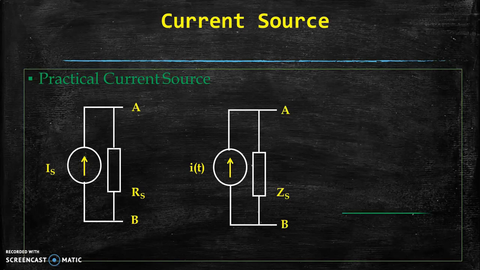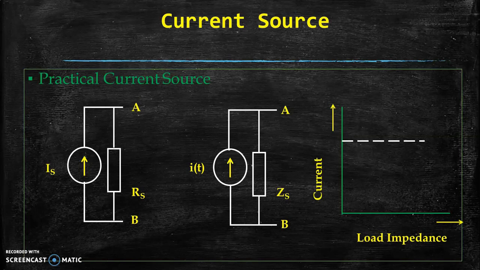And if we see the characteristic, on the x-axis we have taken load impedance, on the y-axis we have considered current. Ideally, current should remain constant irrespective of any load impedance. The meaning is if load impedance value increases, terminal current should always remain constant.